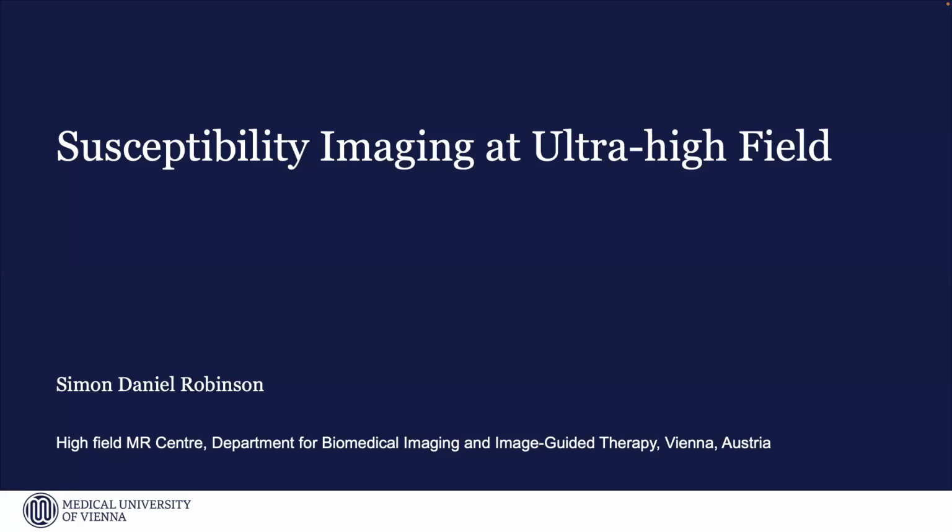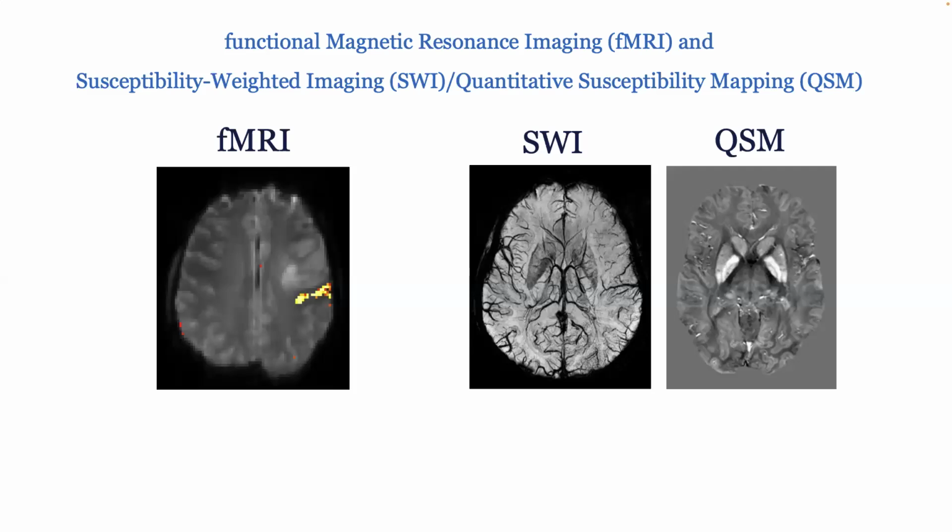But I'm trying to use it here as an overarching topic or title to subsume some contributions from both fMRI and susceptibility-weighted imaging and QSM. And ostensibly, these seem like very different subjects and very different methods. I'm going to try and pull out some commonalities and some regions of overlap and mutual benefit.